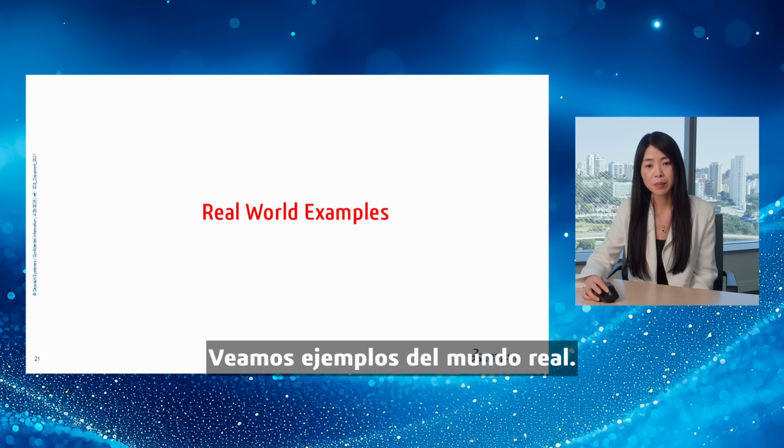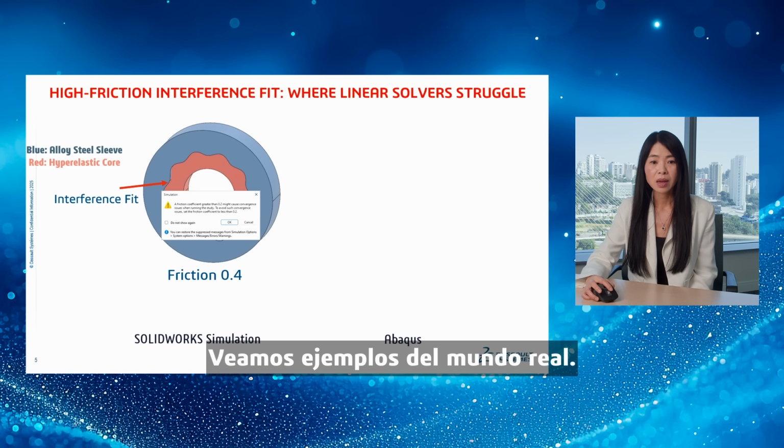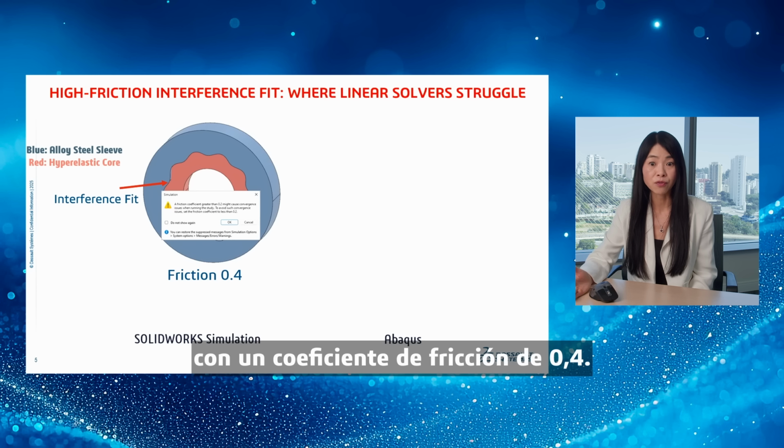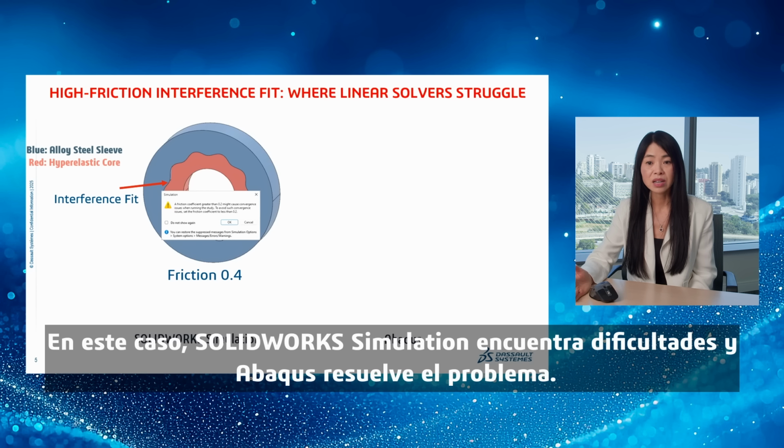So, real-world examples. Here we have a real case, a simulation study with a friction coefficient of 0.4. In this case, SolidWorks Simulation struggles and Abaqus solves it.